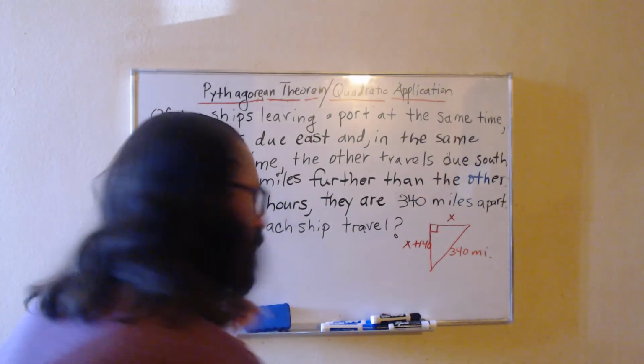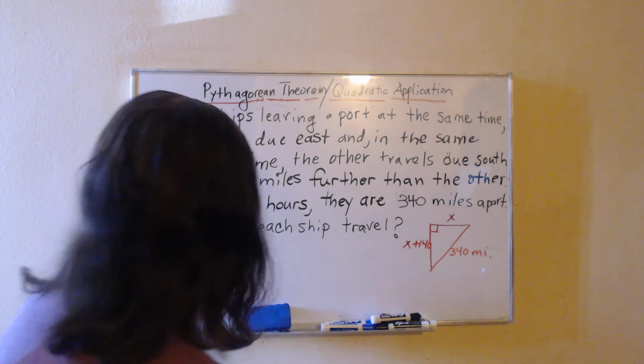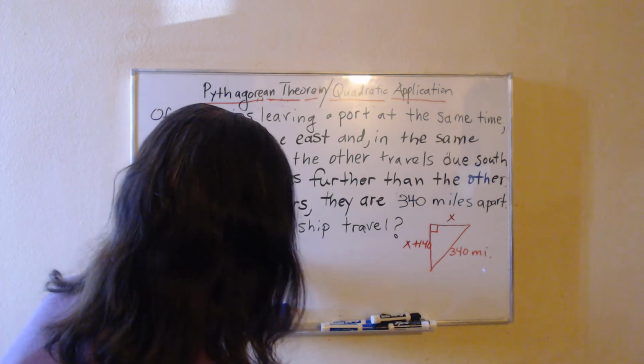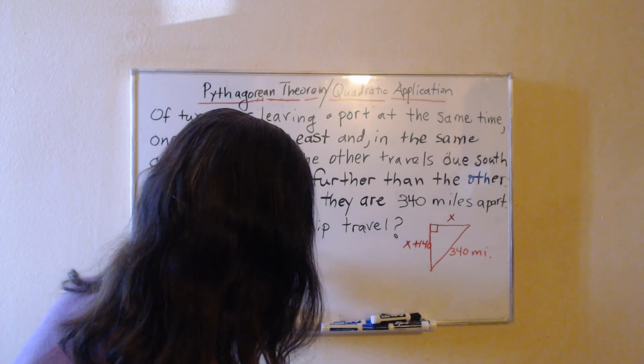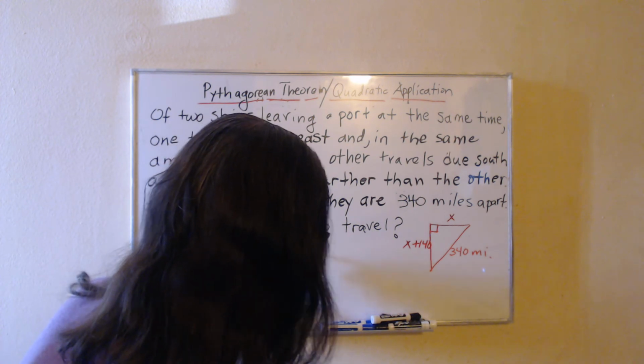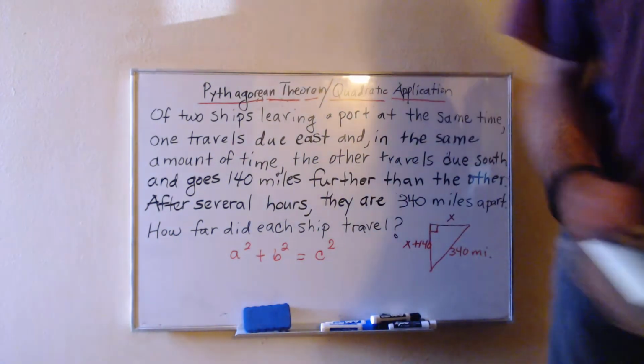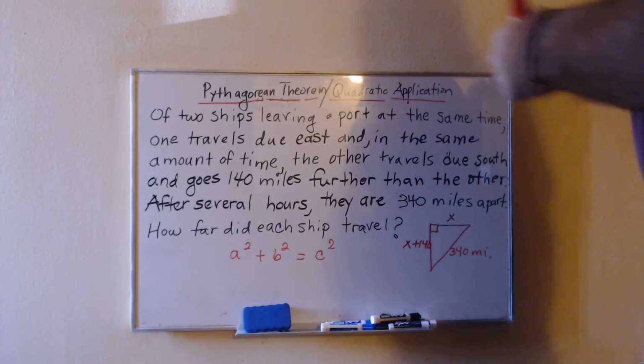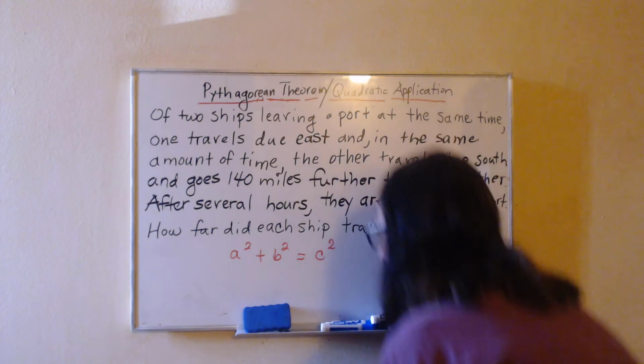Well, Pythagorean theorem for right triangles is telling us that the sum of the squares of the legs is equal to the square of the hypotenuse.